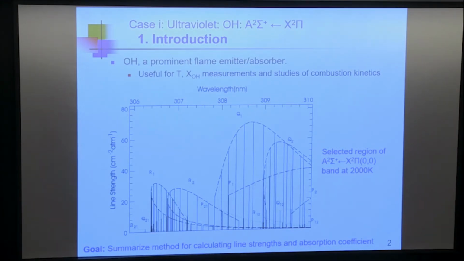But you can see right away how this curve varies as I go across here, I'm really just varying J or N. And at this temperature, this one here, which is probably Q19, is the strongest.